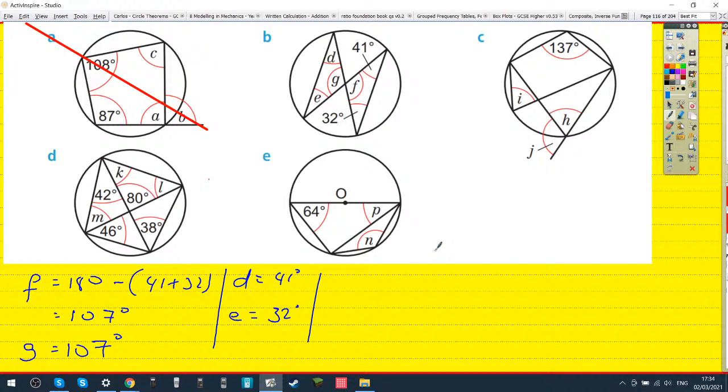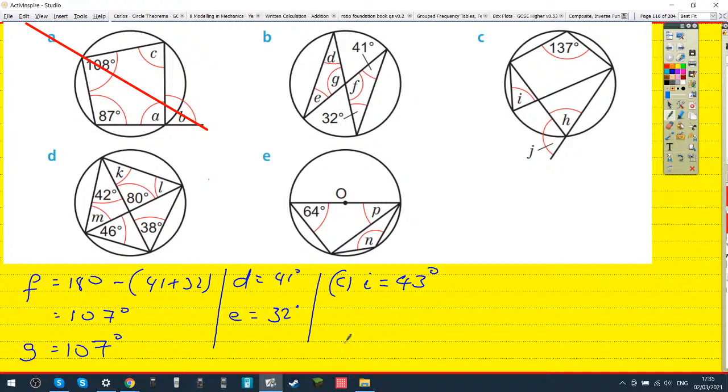Does that mean that is I, so is I 43 degrees? I is 43. Okay. What else?